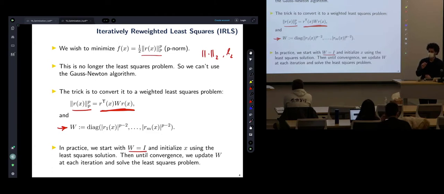So when you initialize, the least squares is of course exact, but we still iterate because we are minimizing a p-norm, not the L2 norm. So IRLS will iterate even if the residual is linear or affine, because the norm is the p-norm.